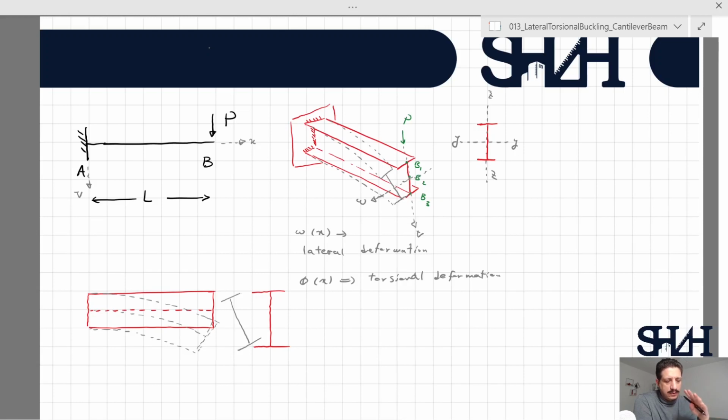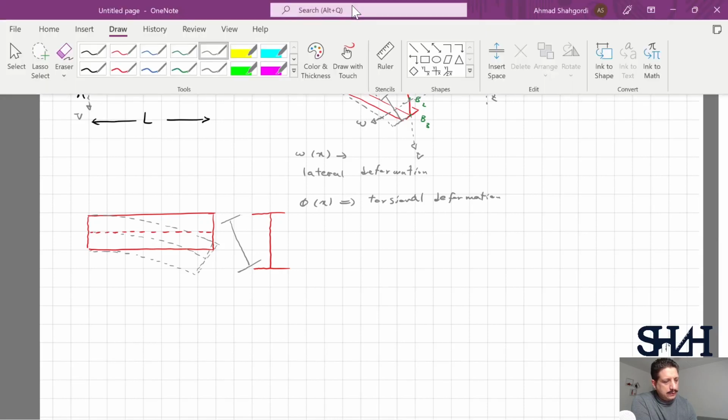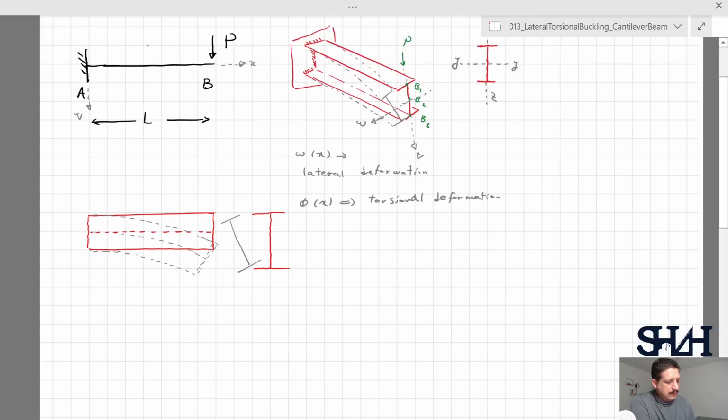They are completely ignored until it starts to buckle laterally. So the starting point is the moment that the beam starts to buckle laterally.